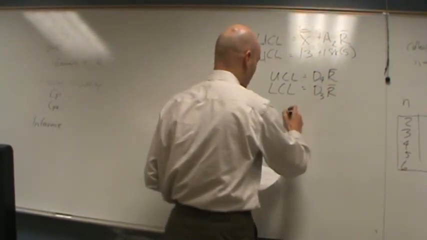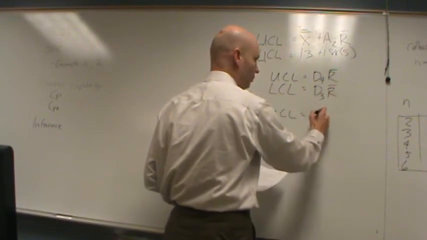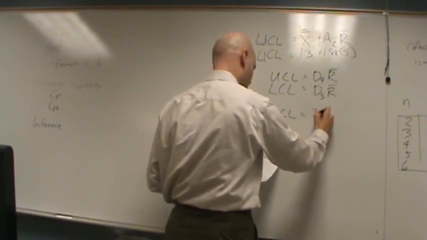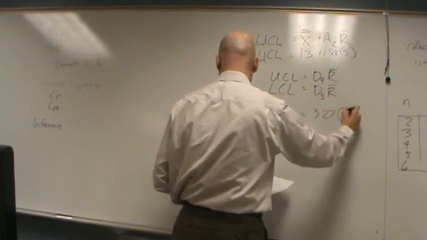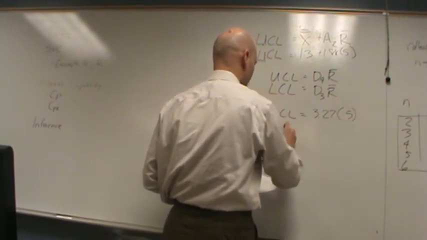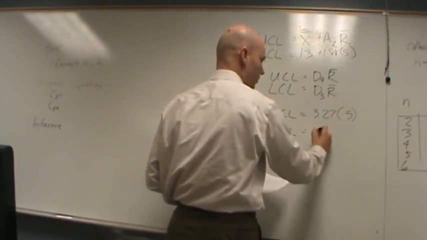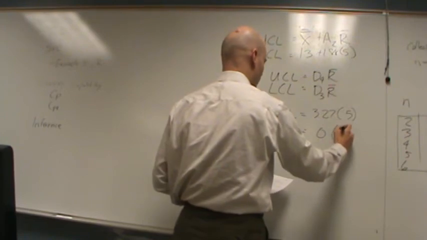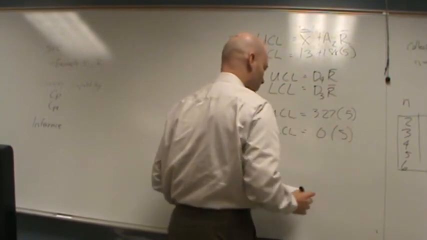In our example, our upper control limit is going to equal 0.27 times 5. Lower control limit is going to be 0.